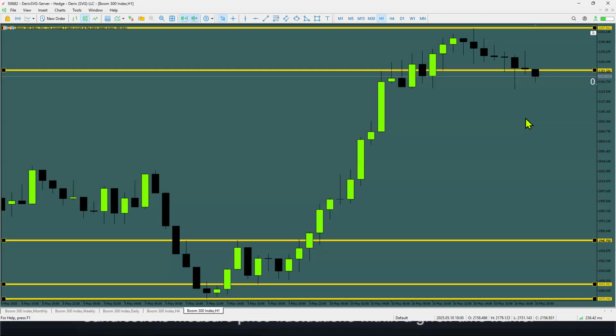And when the candle closes, if the closing price is lower than the opening price, then you can say the candle is a bearish candle. But if the closing price is higher than the opening price, then you can say the candle is a bullish candle.